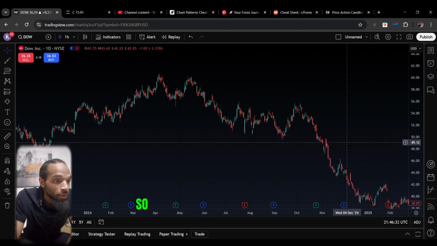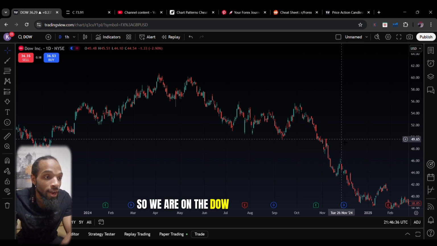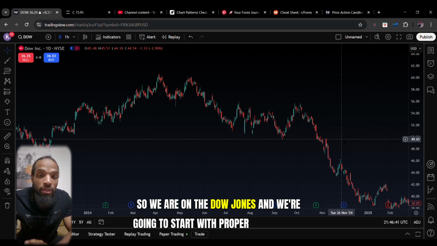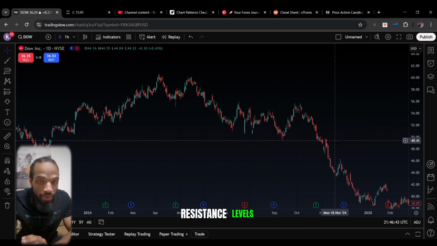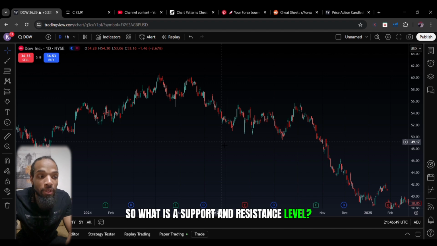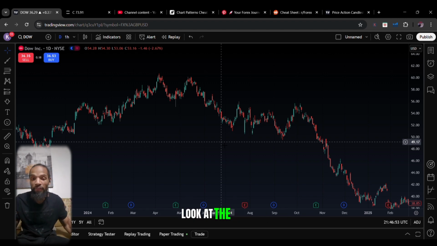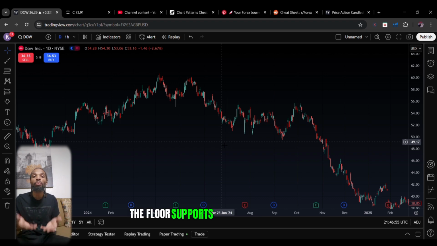All right, so we are on the Dow Jones, and we're going to start with proper support and resistance levels. So what is a support and resistance level? A support level is like the floor. The floor supports you by holding you up.